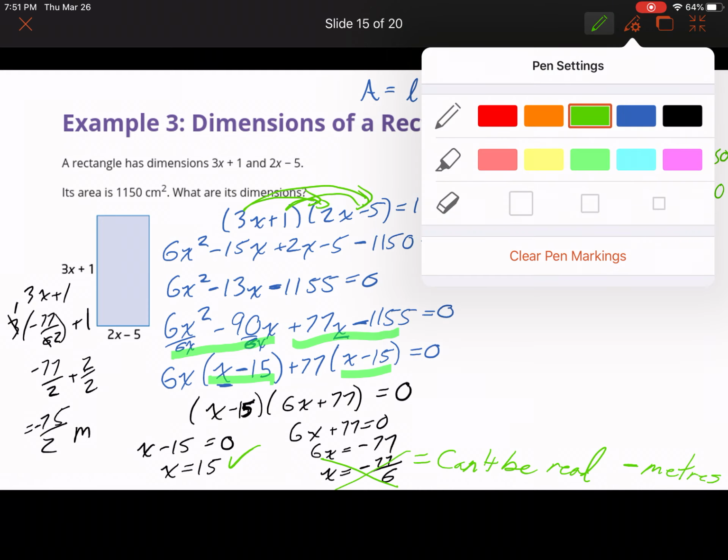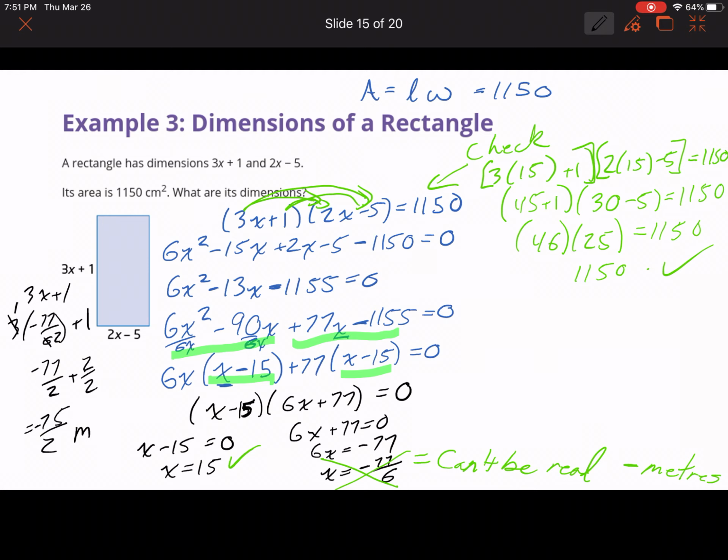All we need to do is write a sentence, and when you are working in your test, please write this out in more space. I'm just out of space on my slide, and I don't want to pull to a second slide. So please write this out neater. So what are the dimensions? Dimensions means length and width.